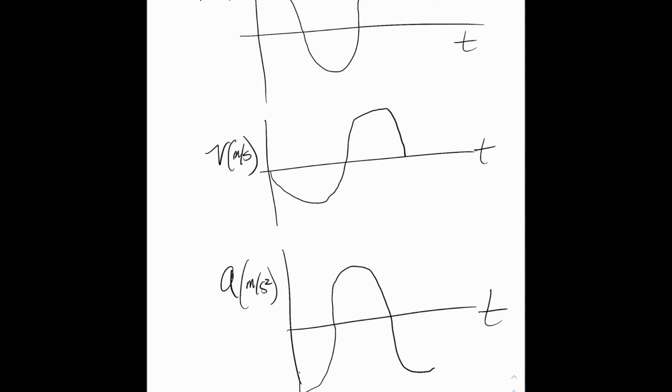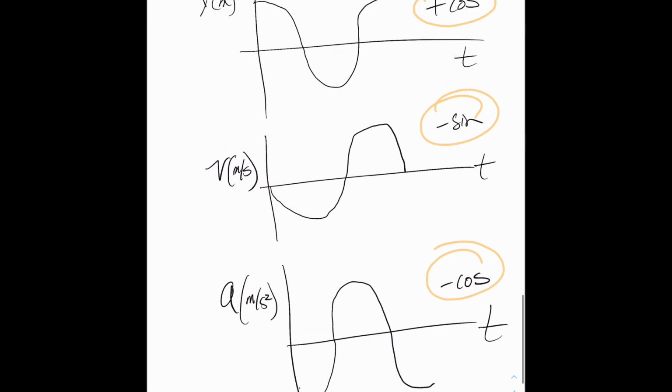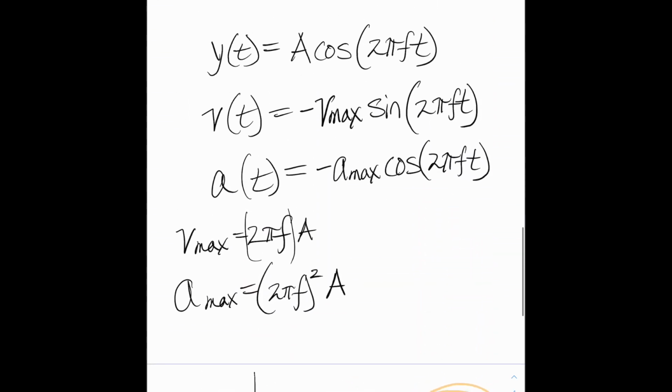All right, so this is what we're dealing with: positive cosine, negative sine, negative cosine. And that's why we're seeing these show up in the equations. They're all related.